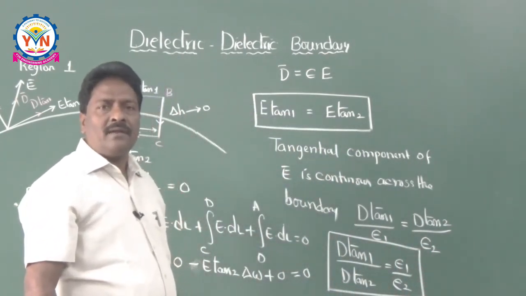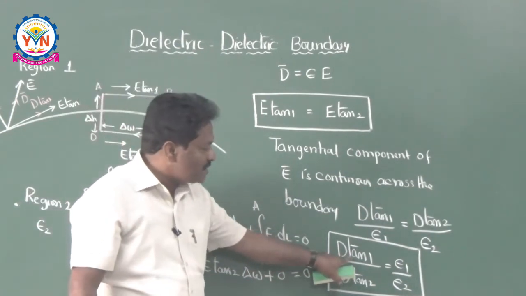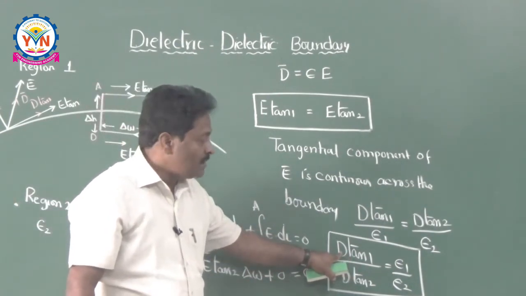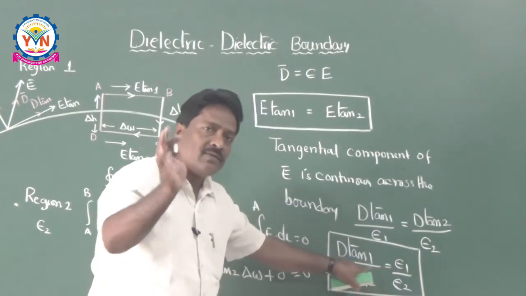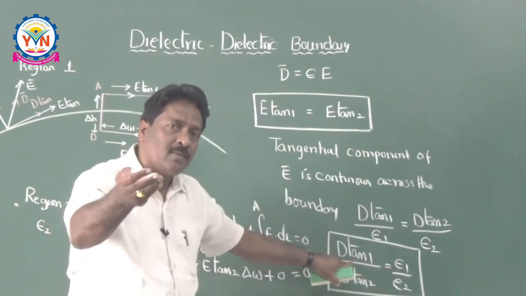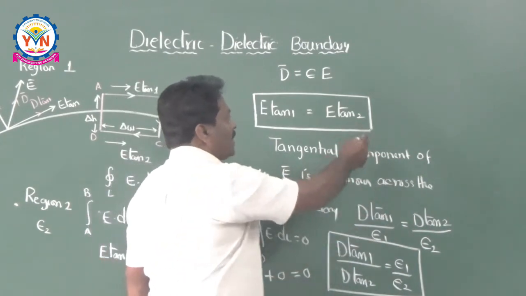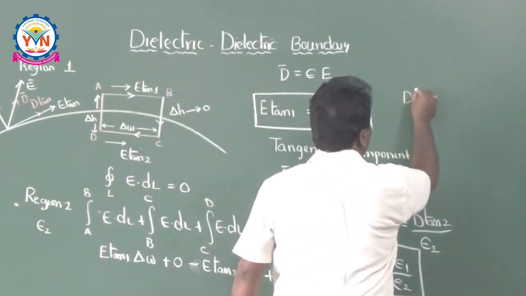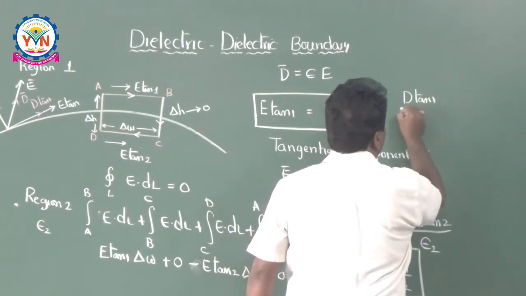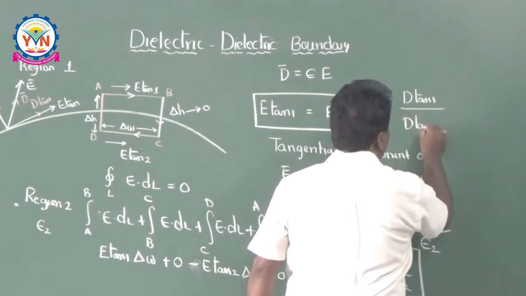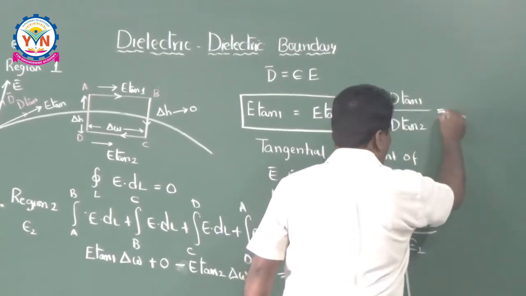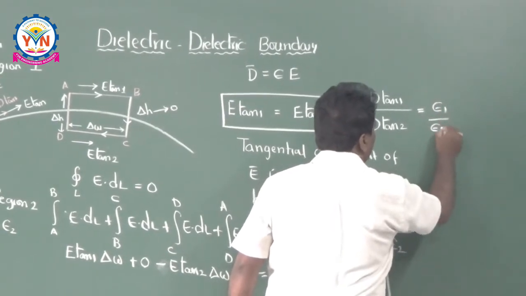This is the next boundary condition. But what does it mean? Tangential component of D, is it continuous? Discontinuous. Discontinuous by how much amount? Epsilon 1 by epsilon 2. So for clarity I am writing here, this is D tan 1 divided by D tan 2 is equal to epsilon 1 divided by epsilon 2.